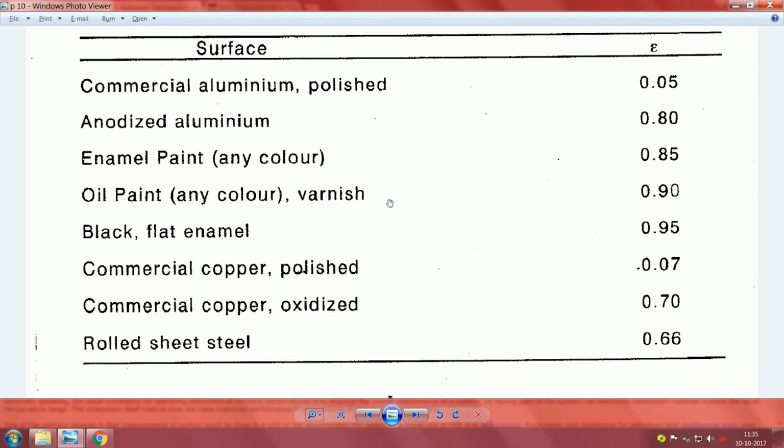Permit me one more time to talk about emissivity. Polished aluminum reflects away all the heat. Same thing happens with polished copper. Both commercial aluminum and commercial copper, when polished, are very good reflectors of heat.